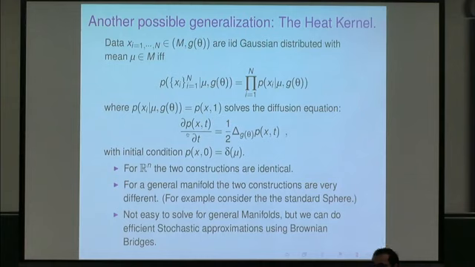So you're going to assume the data comes after you've diffused for one unit of time, starting at the mean location. So that's the general model. In R^n, these constructions are identical, but for a general manifold, these two constructions are very different.